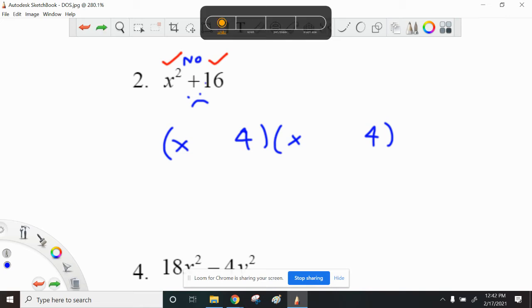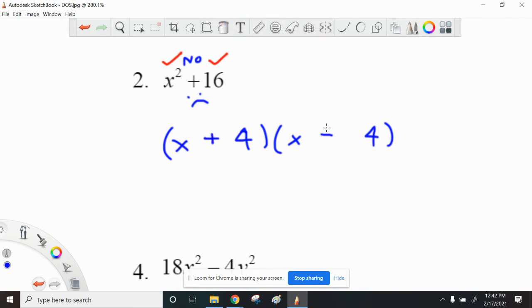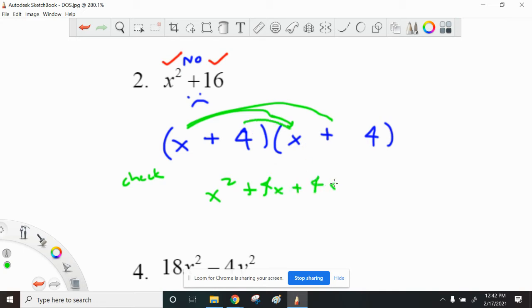And so my question for you guys is it plus plus? Let's try that. If we try plus plus, and we check our answers, we get x squared, we get plus 4x, we get plus 4x, we get plus 16.